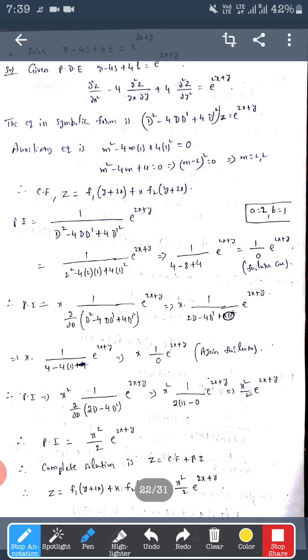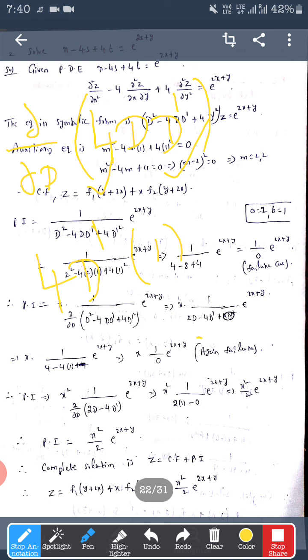Next, dou by dou capital D of 4 D D dash. Here, partially differentiating with respect to D, that means 4 is constant, D dash is constant. I'll keep it as it is, 4 into D dash, and dou by dou D of D is 1.